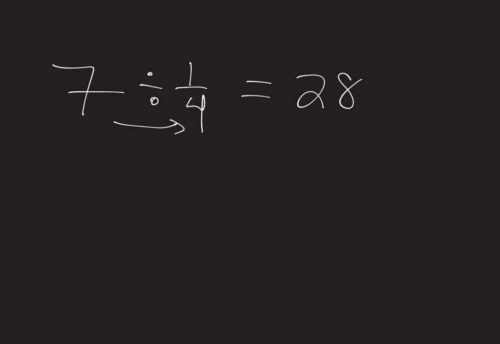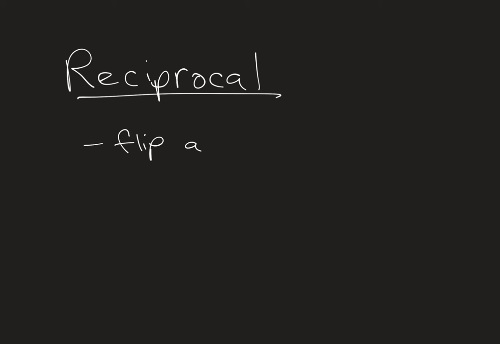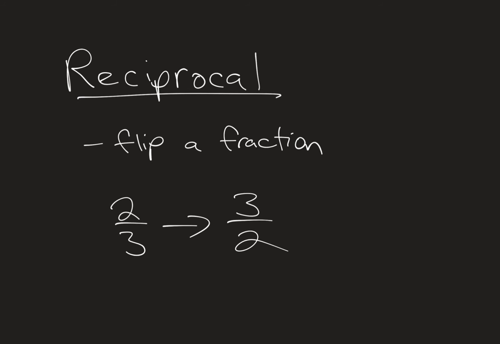So this leads us to a new idea, which is the idea of a reciprocal. A reciprocal is when you flip a fraction. So if we start with the fraction 2/3, the reciprocal is 3/2.